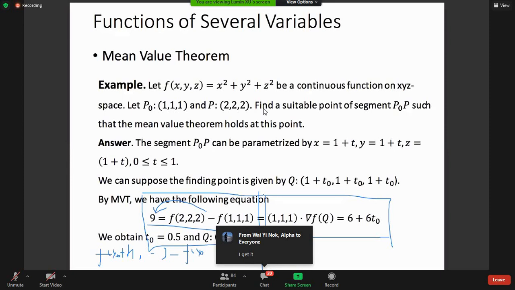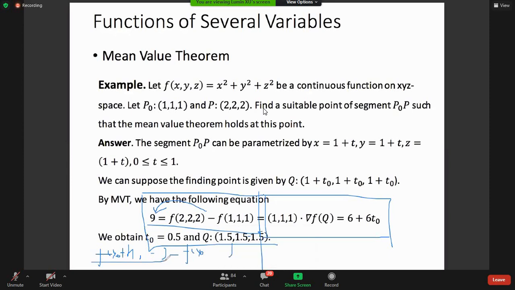And this one should be f(2,2,2), right? So we calculate it. It should be 4 plus 4 plus 4, right? Should be 12.